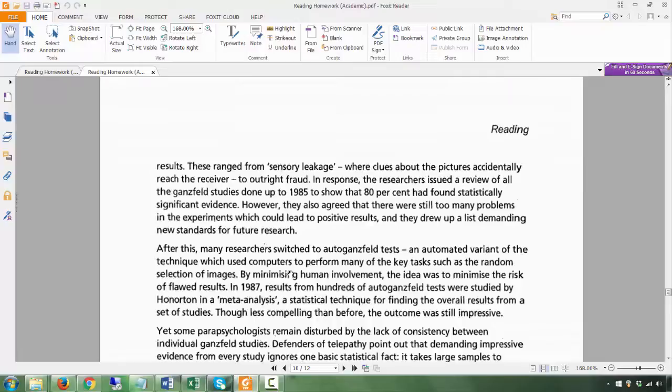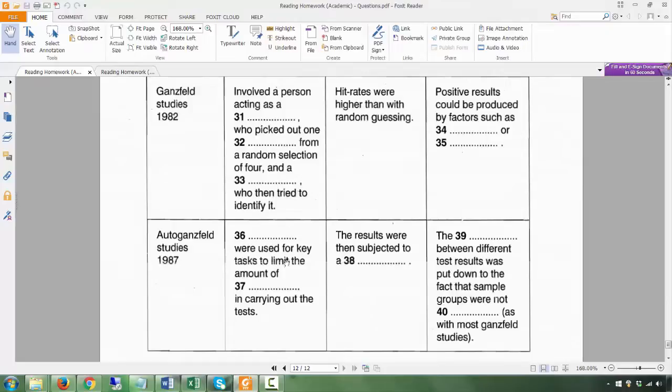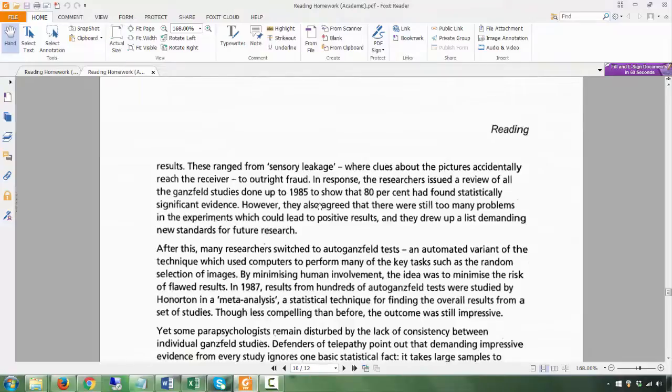To limit means to make it less, right? Minimizing human involvement. So computers were used for key tasks to limit the amount of human involvement in carrying out the tests. The results were then subjected to what? All right, the results, what happened to the results?